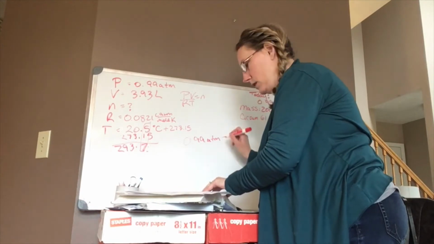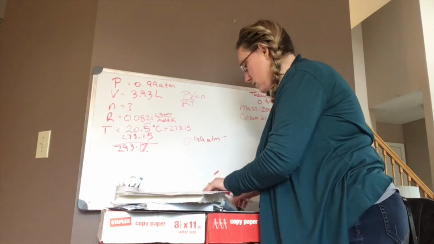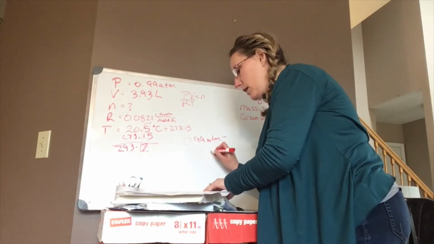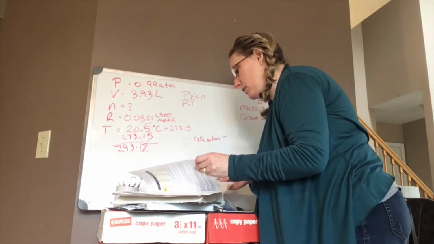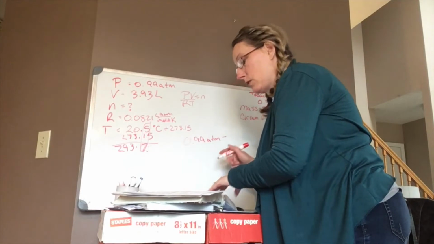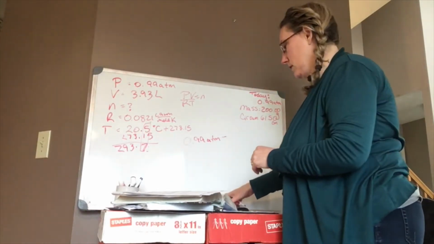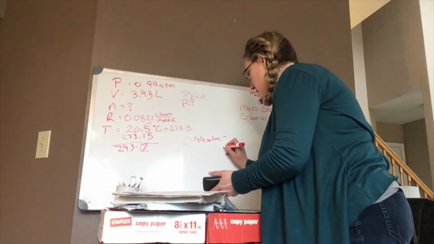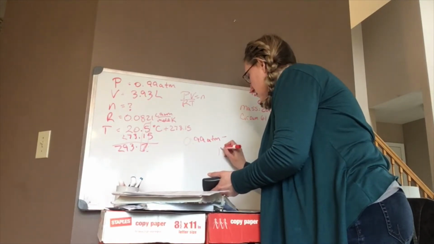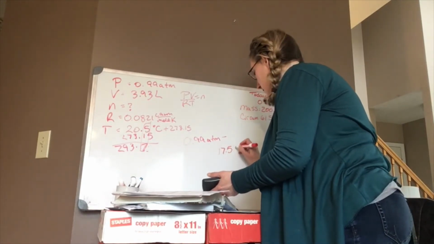I didn't have a place to convert this. I thought this chart was in atmospheres, but it's in torr. So I'm going to do it at 20 degrees: 17.5 torr.